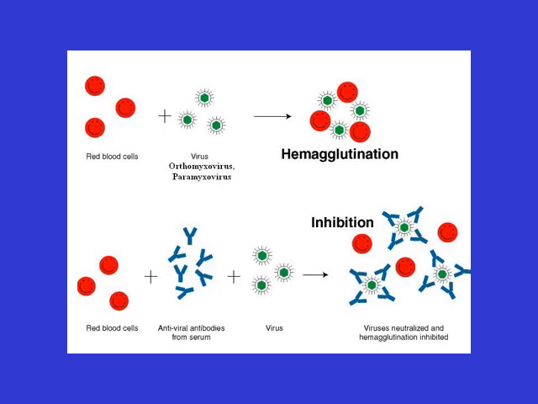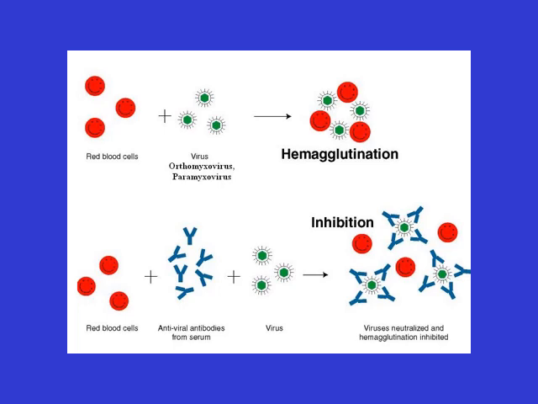The last slide is for the hemagglutination inhibition test. In this test, we use RBCs as a reagent and the viral particles coated with the hemagglutinating antigen also as a reagent. If we have the RBCs plus the hemagglutinating virus plus the serum of the patient containing no hemagglutinating antibody, the result will be hemagglutination.